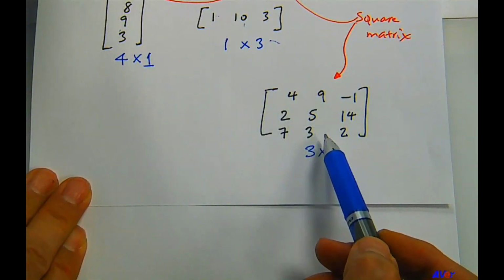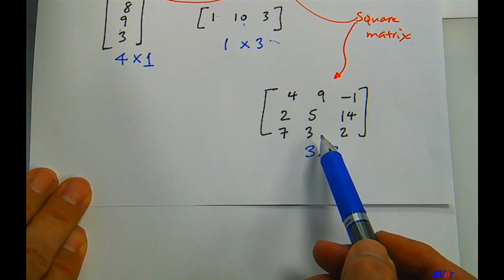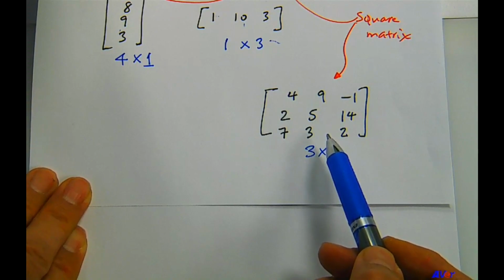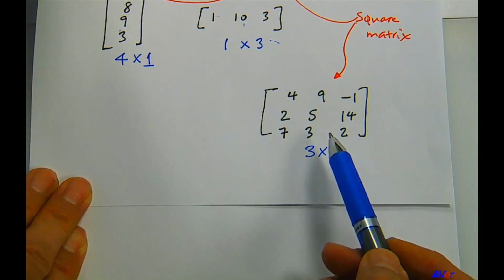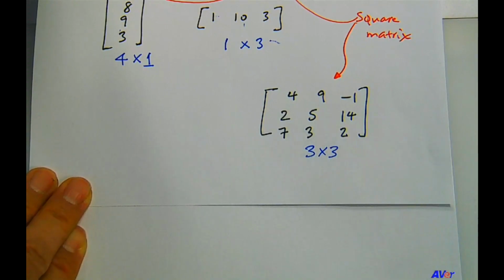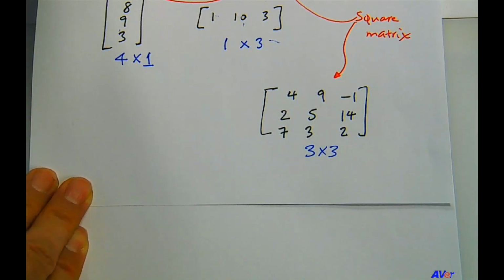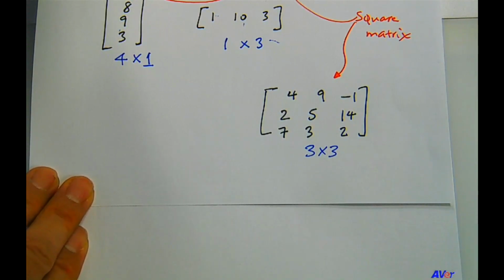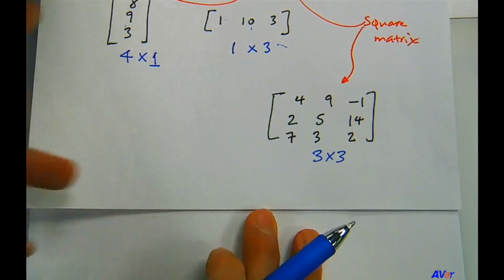And not all square matrices have an inverse. But if a matrix has an inverse, that matrix must be a square matrix. But not all square matrices have an inverse. Keep that in mind. We will talk about it when we get to section 3.3. But at this point, the important thing is that you know how to write the dimension of a matrix.